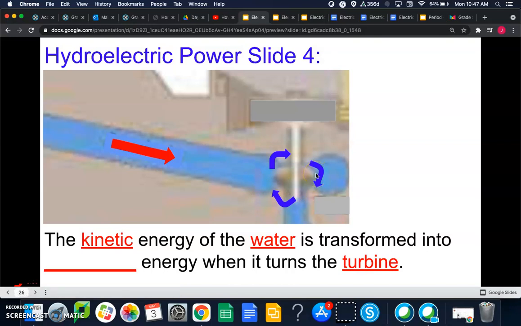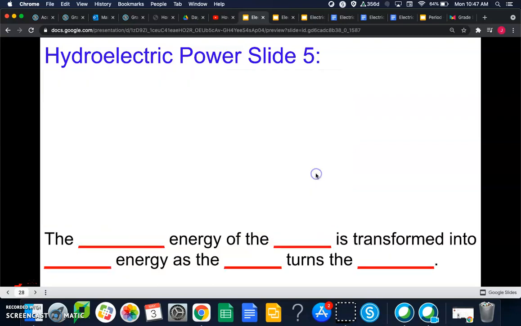As the water goes through, it spins this turbine, and so it changes the kinetic energy into mechanical energy. So if you had wind energy as one of your sources, you'll see that this is very similar to what happens with wind energy. And the next step is going to be very similar to what happens with wind energy as well.